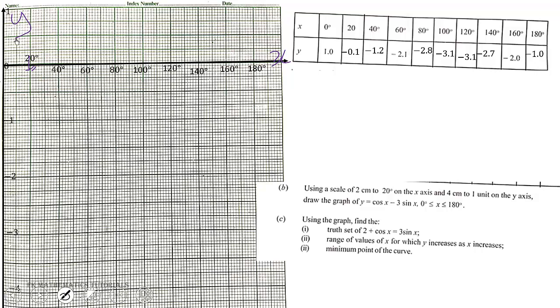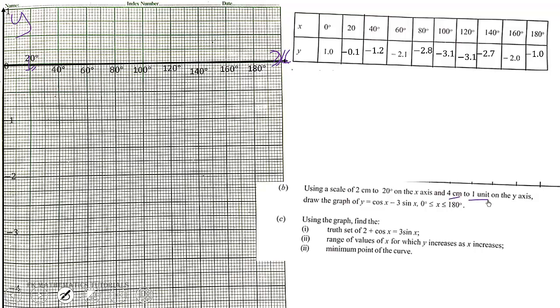So the y-axis, the x-axis. Then what we do next is to label the x-axis with the scale 0, 20, 40, 60. Then on the y-axis, this time we're told that 4 centimeters is to 1 unit.